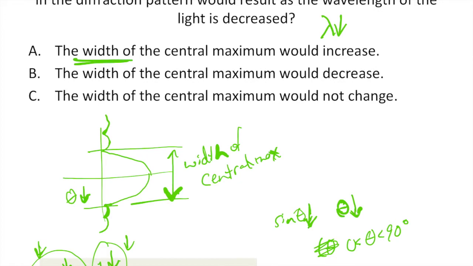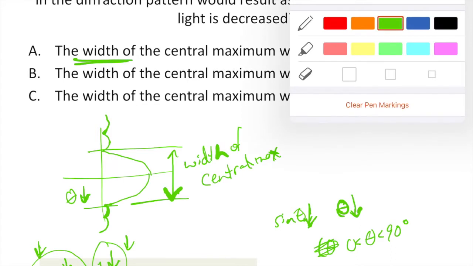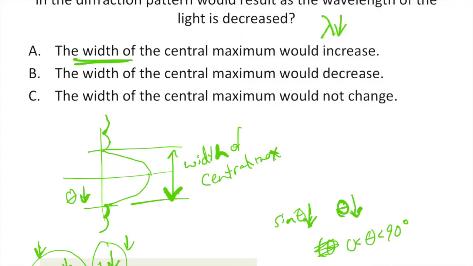So you can think of, if I draw another picture over here, that theta is going to decrease something like that. It's still going to have the same peak, but it's going to come closer.